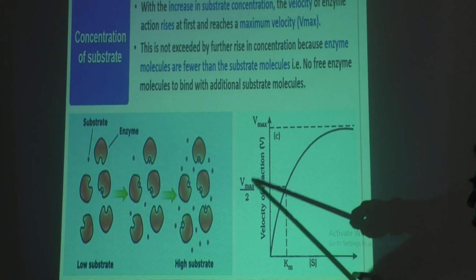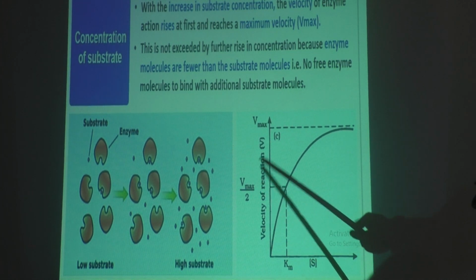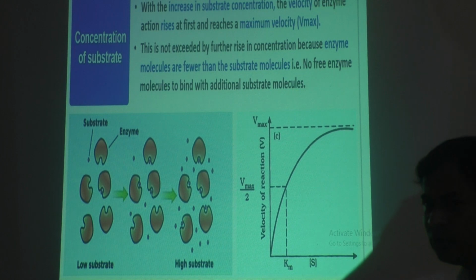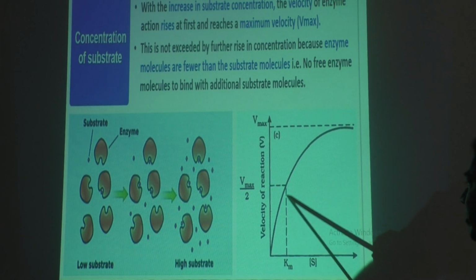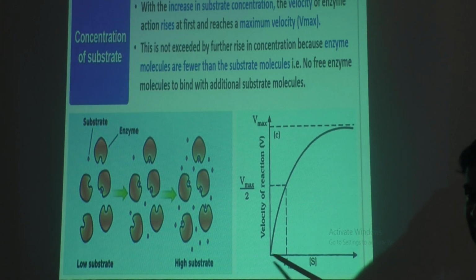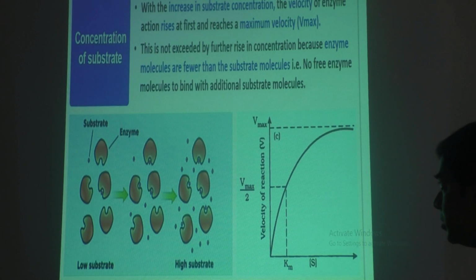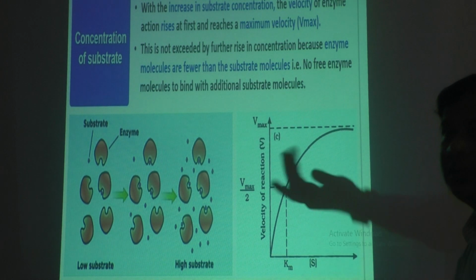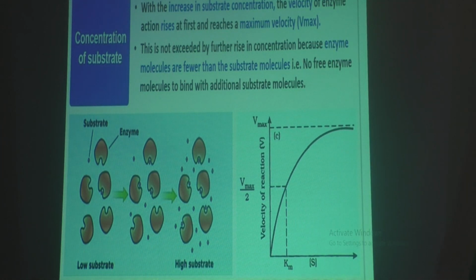That is Vmax by 2 and this is Km. Vmax, maximum velocity, by 2, half of the maximum velocity, and this meeting point is called Km, that is a constant. So when you increase substrate, you have to add extra enzymes, otherwise enzyme activity decreases. Okay, next.